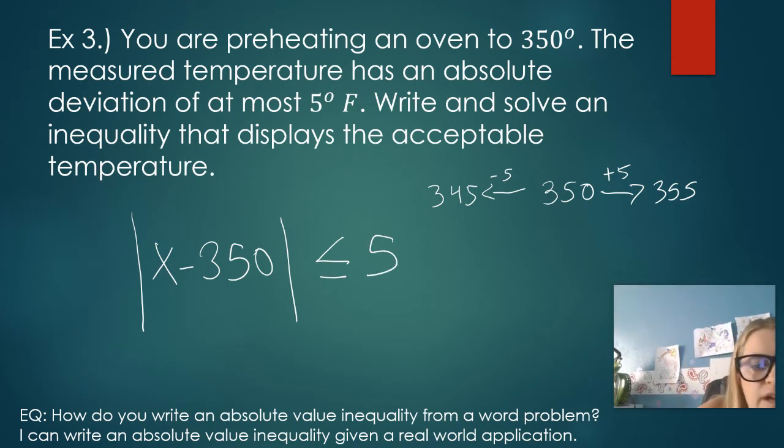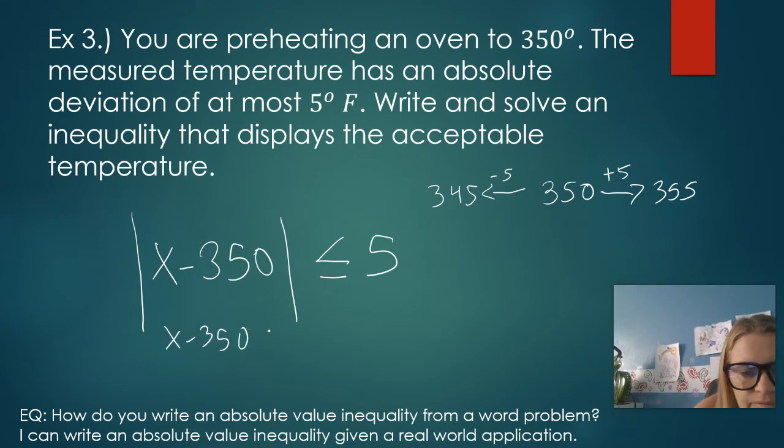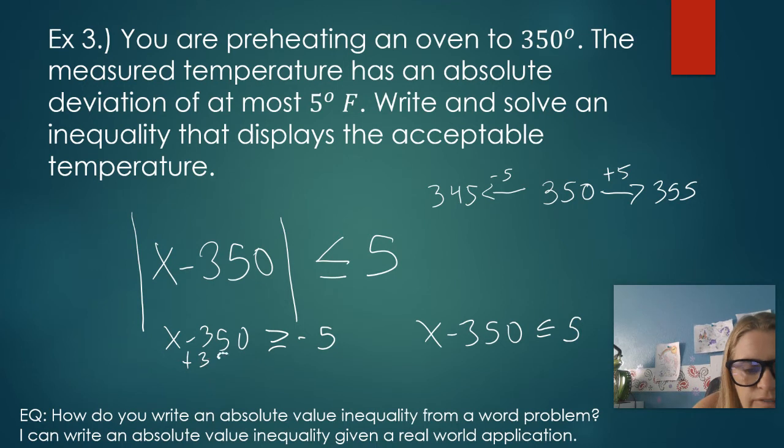And so to solve that, once again, you just split it up, flip it, make it negative, leave it alone, add 350. So x is going to be greater than or equal to 345, add 350.